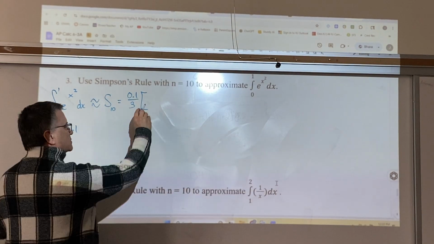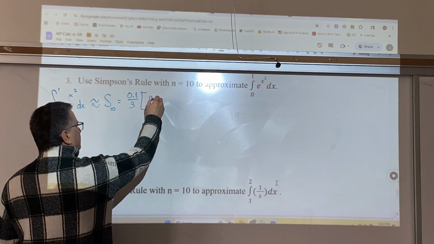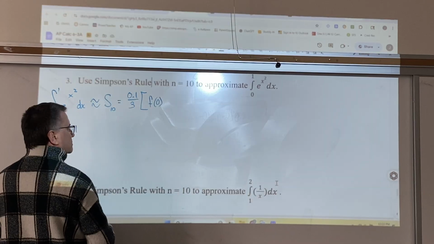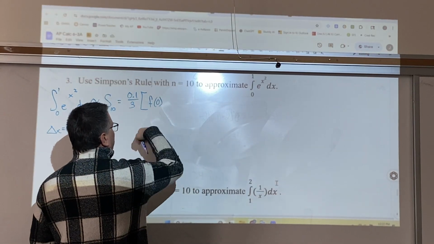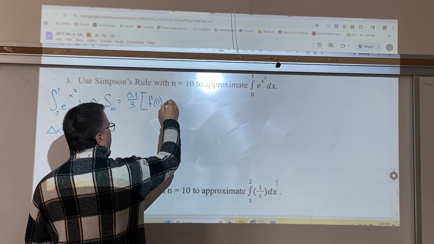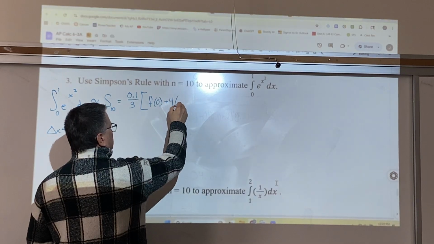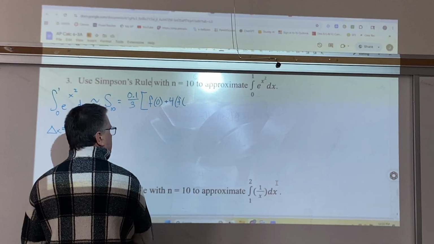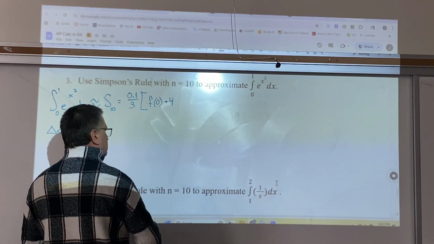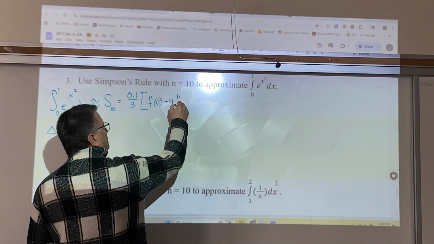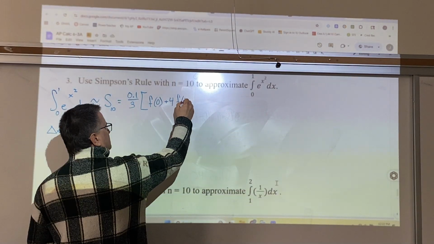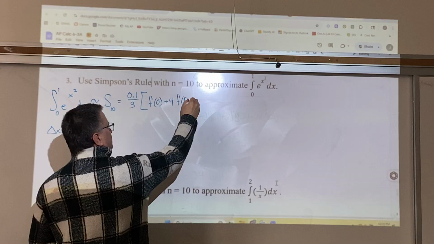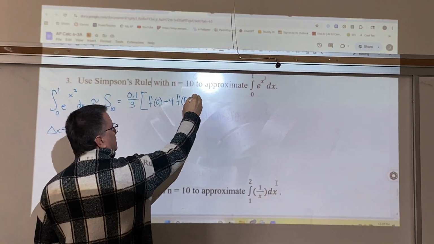And then my first one is going to be f of 0, and then I'll plug it in the next step. Plus 4 times f of 0.1, 0.1 every time.